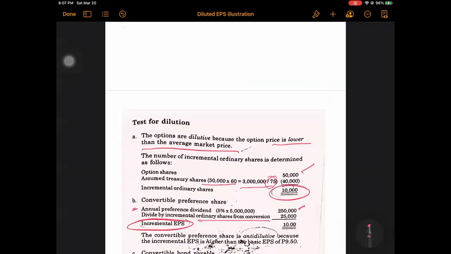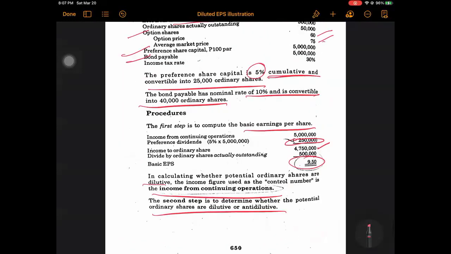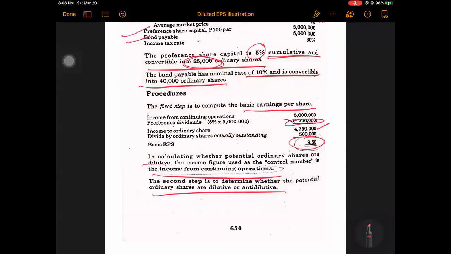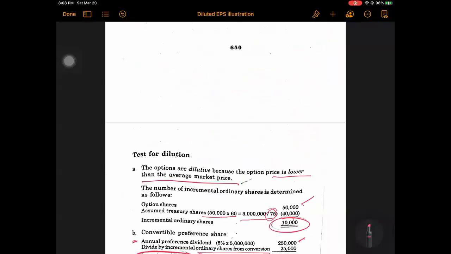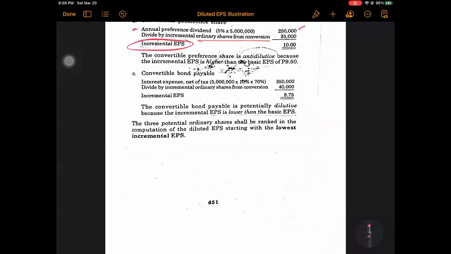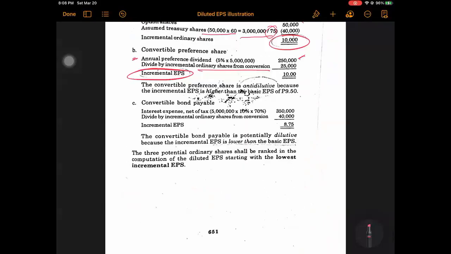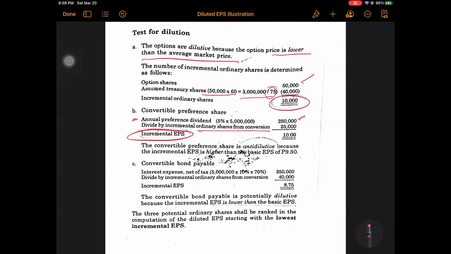Ingon sa dire, the preference share can be converted into 25,000 ordinary shares. So, that's why 25,000 ordinary shares. So, your incremental earnings per share under convertible preference share is 10 pesos.